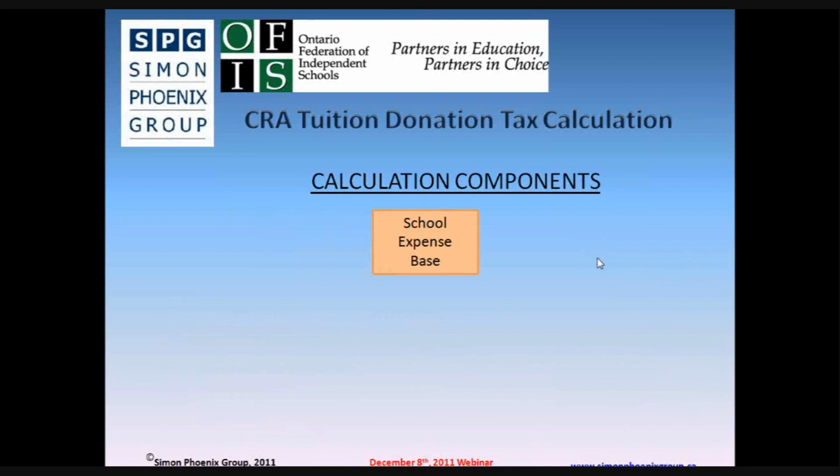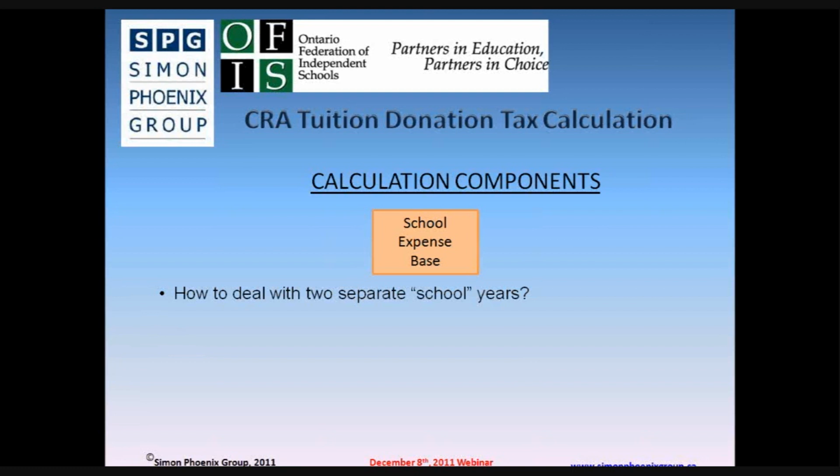On the school expense base, this goes back to some of the things that I was saying earlier. So I'm going to go through this a little bit quicker, how to deal with two separate school years. Most schools are probably using one of QuickBooks or Simply Accounting or some other readily available financial accounting package.